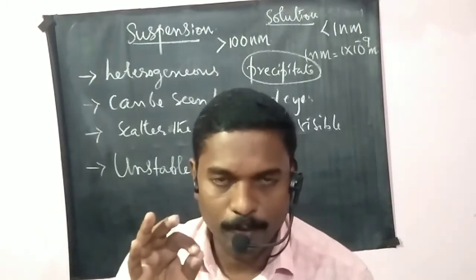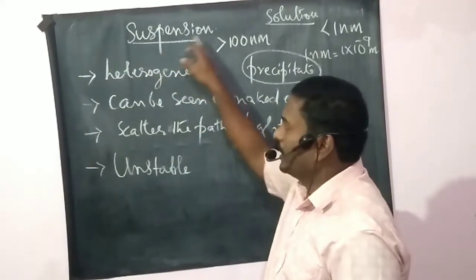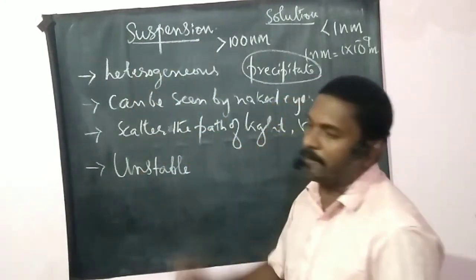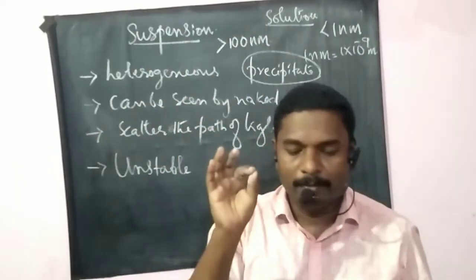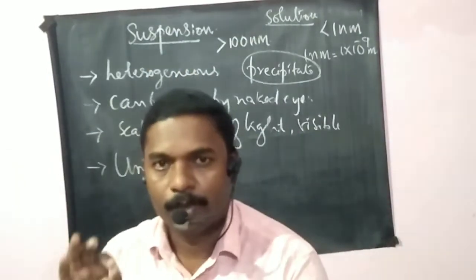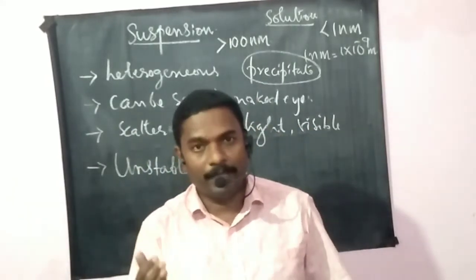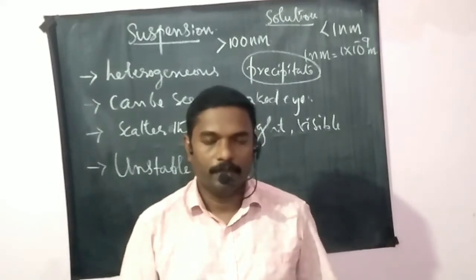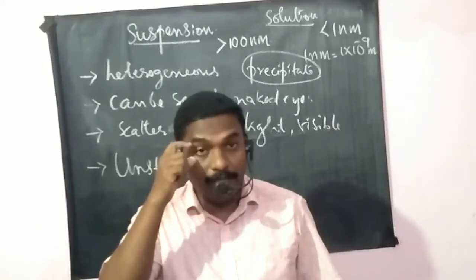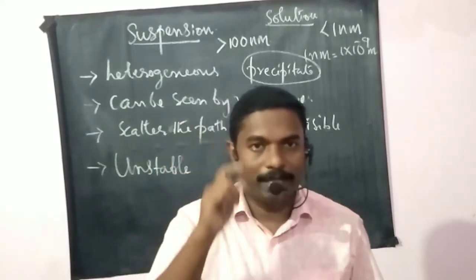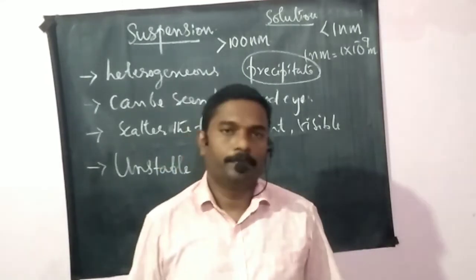So the two points we discussed here are what a suspension is and what its properties are. Once again, a suspension is a heterogeneous mixture in which solute particles do not dissolve but remain suspended throughout the bulk of the medium, and we can see the particles with the naked eye or under a microscope.